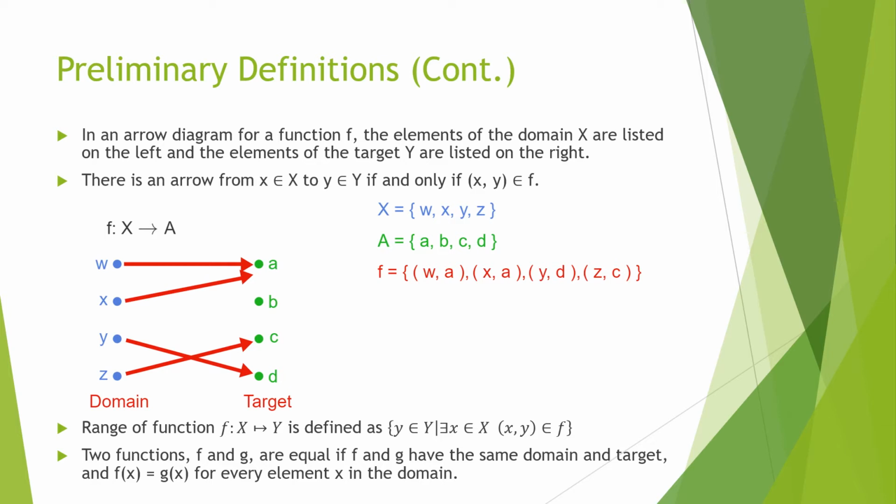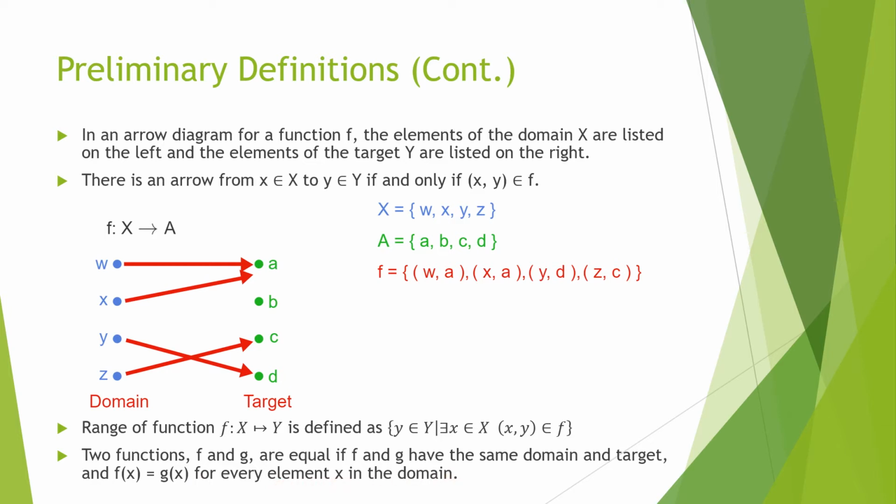Another terminology that you need to know is when we say two functions are equal. Two functions like f and g are equal if and only if f and g have the same domain and target. That's the first condition. And f of x is equal to g of x for every element x in the domain.